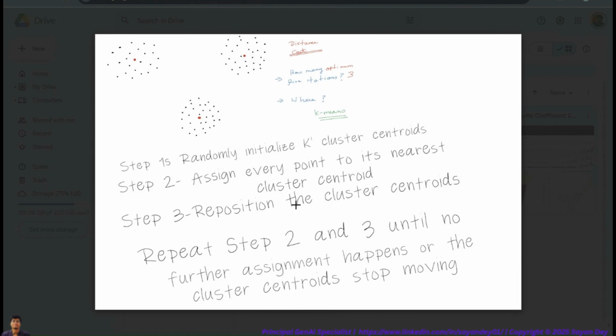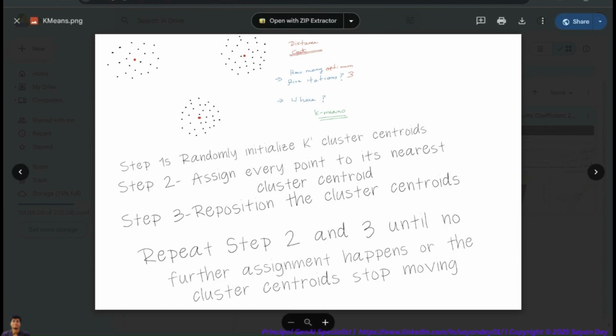And step 3, we reposition the cluster centroids. And we keep doing this over many, many iterations, repeating the steps until no further assignment happens or the cluster centers stop moving. So that is effectively what we are trying to do.